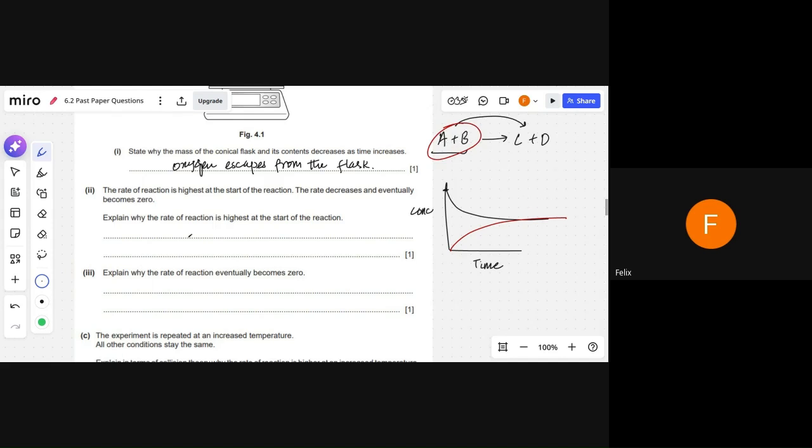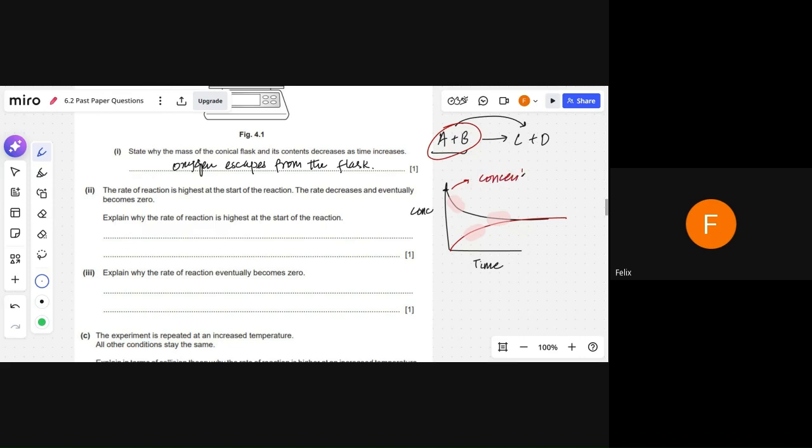Now why is the rate of the reaction highest at the start of the reaction? You can see that the curve is steeper here. A steeper curve means a faster reaction, and here it is becoming less steep. So you can see that the rate is decreasing as the reaction progresses. Explain why the rate of reaction is highest at the start. It is related to concentration.